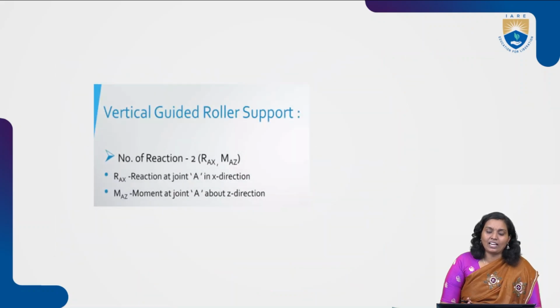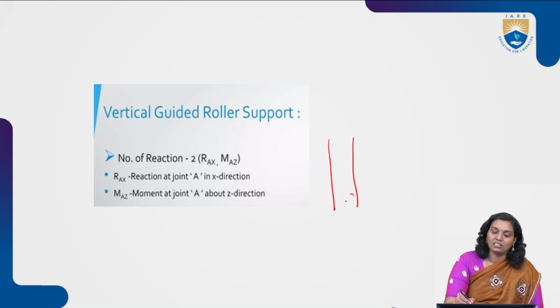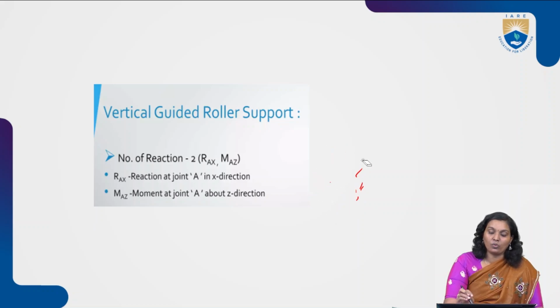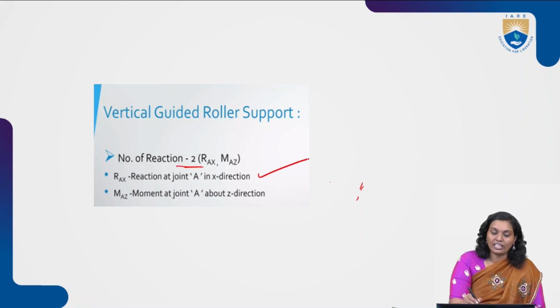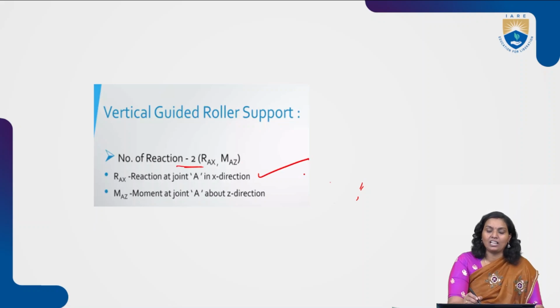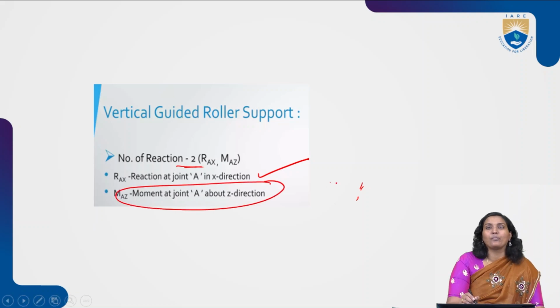In the vertical guided roller support, it is a vertically moving one. So the support is different. The number of reactions is equal to 2. The reaction at joint A is in the X direction and movement is also there.